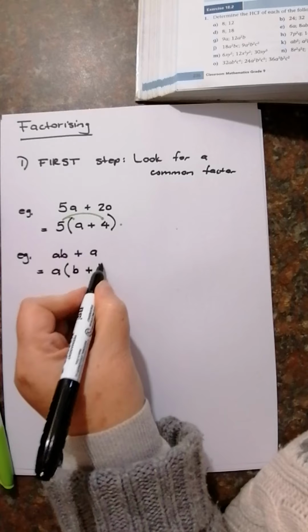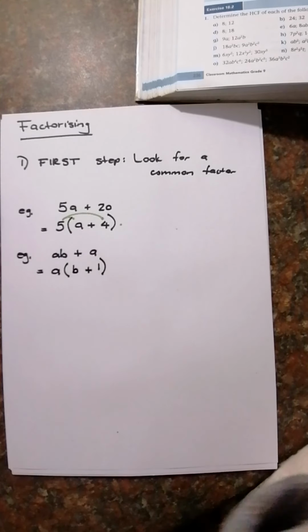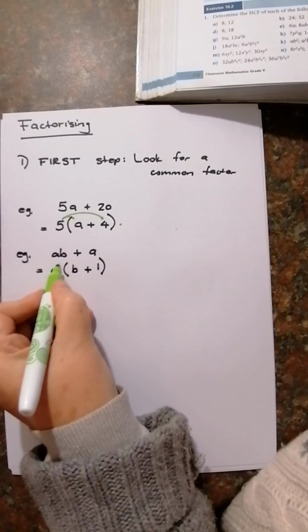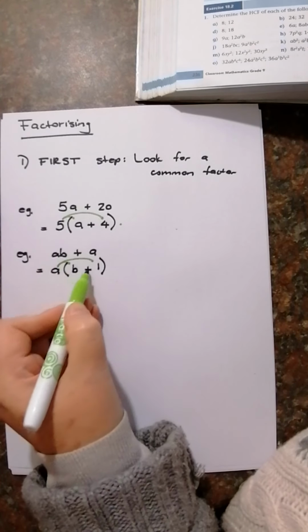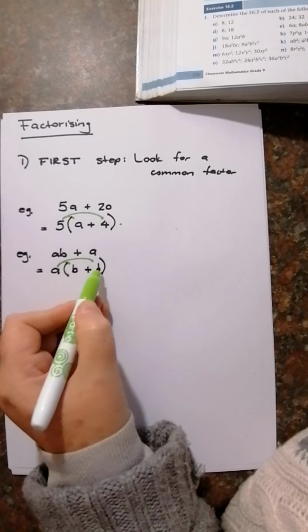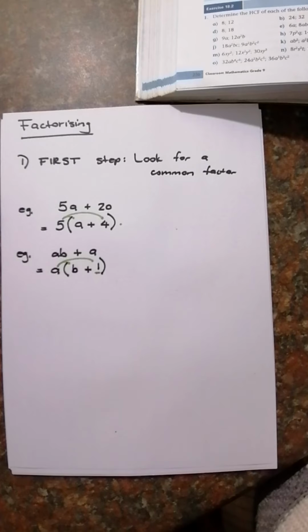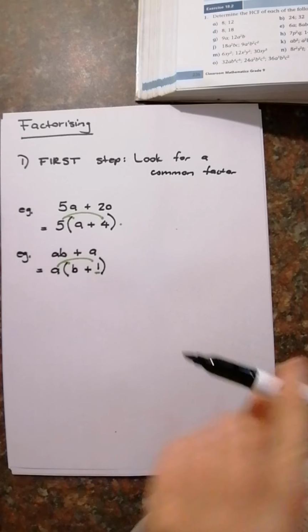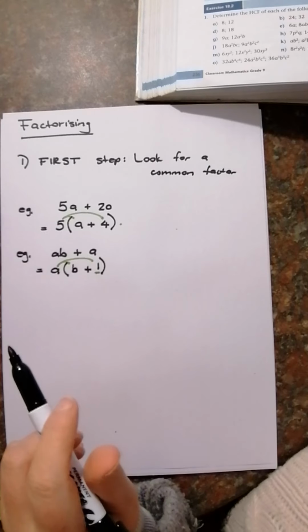I'm left with a 1. Very, very important, that 1. If I check it and multiply back, I've got A times B is AB, plus times plus is plus, and A times 1 is A. You have to put that 1 there. Very, very important.